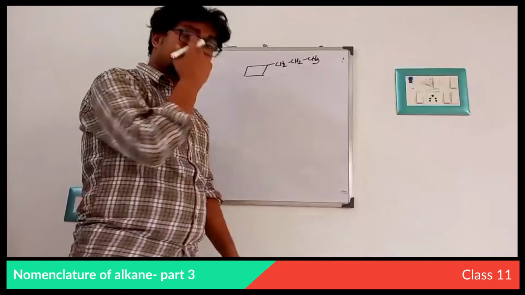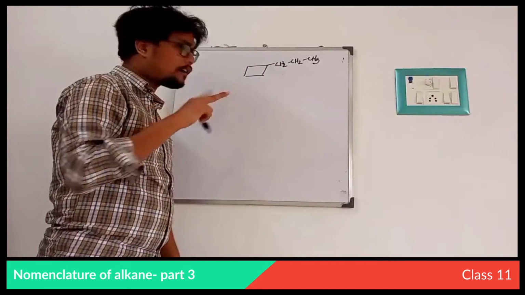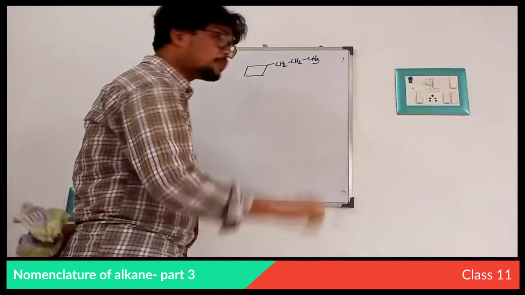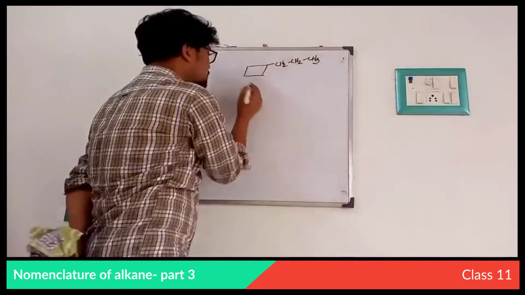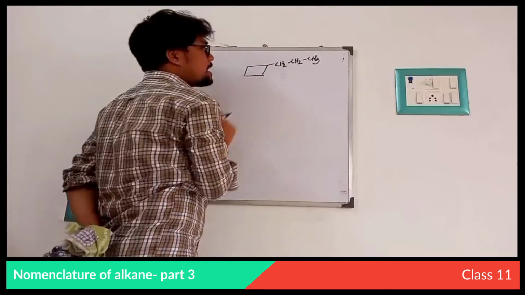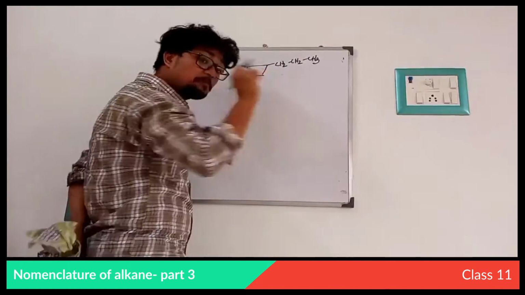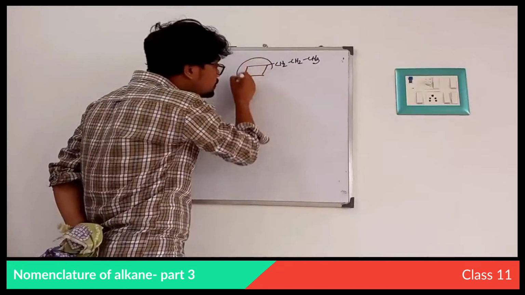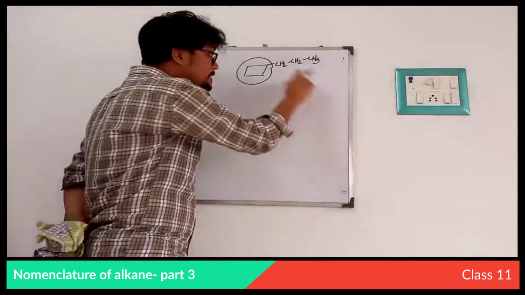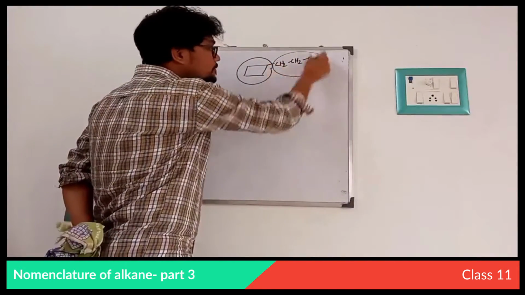Listen very carefully. There are two possible ways of the IUPAC nomenclature of this compound. What are the ways? Suppose the prefix secondary may be this one, and the prefix secondary may be this one.